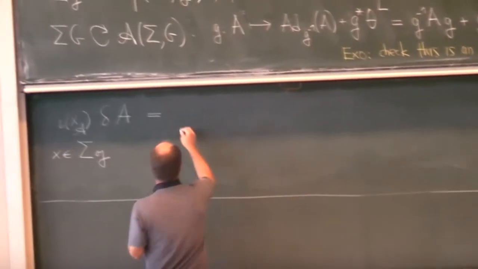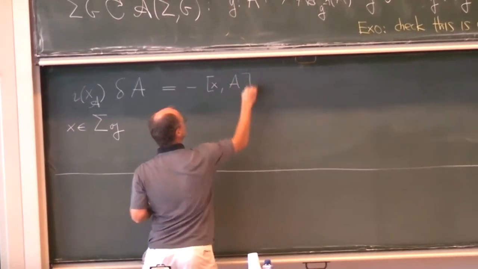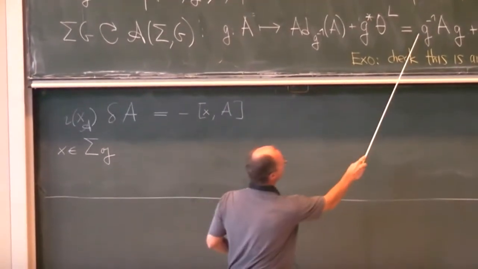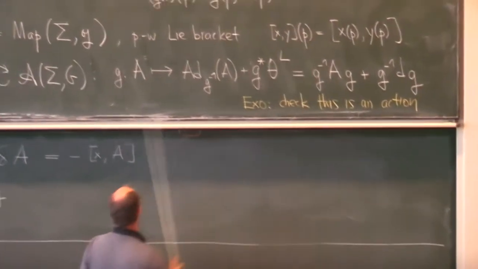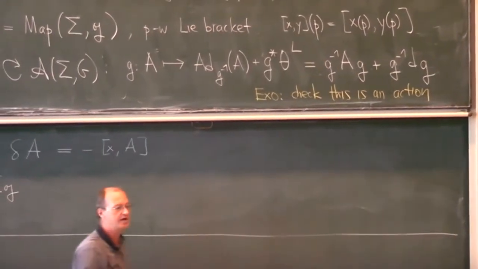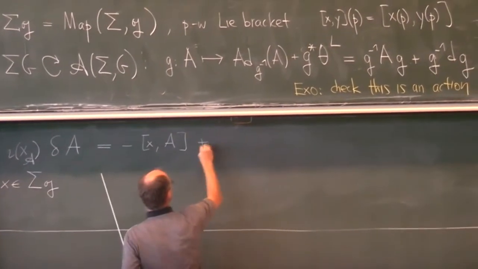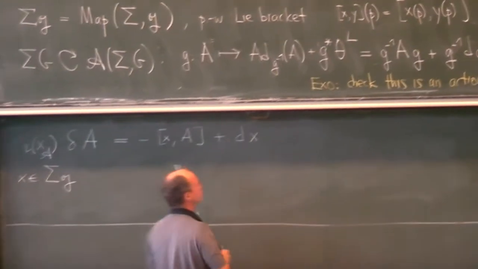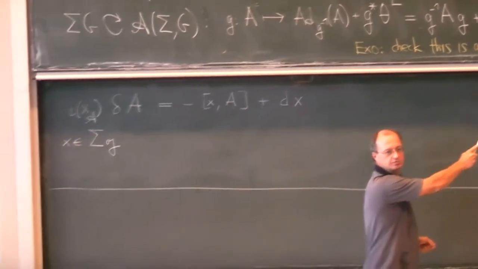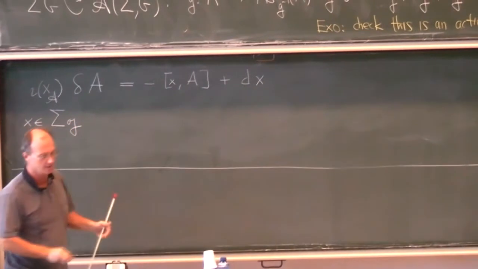And it looks as follows. This is minus a Lie bracket of x and A. That's where I differentiate the first term. The minus sign comes from the fact that g^-1 stands on the left and g stands on the right. And then plus we get the de Rham differential of x, and that's where I differentiate at the group unit the g^-1 dg term.